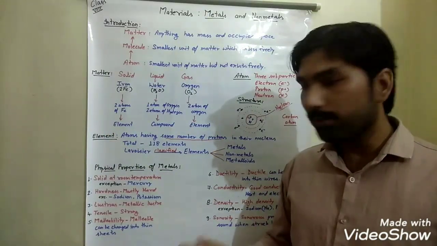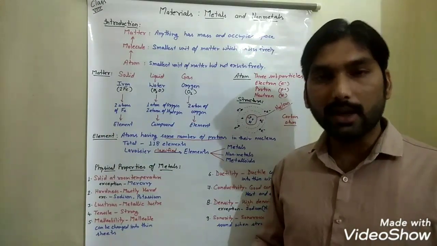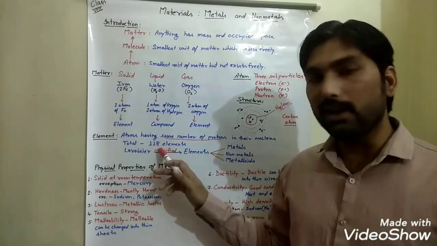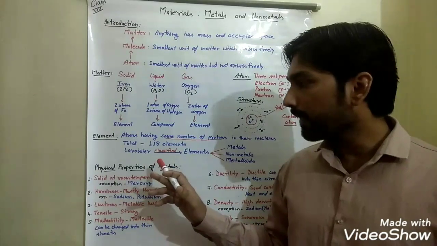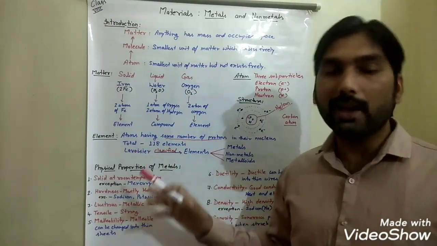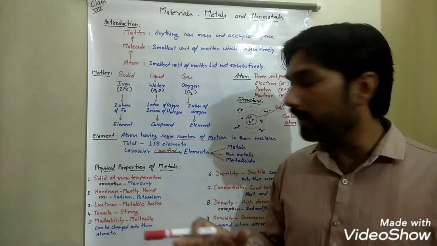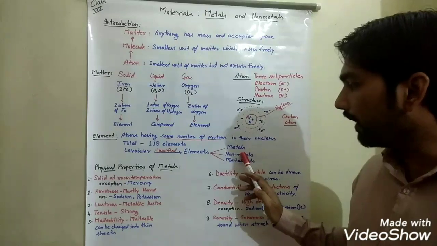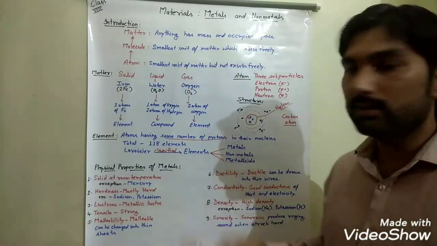Till today our scientists have discovered 118 different elements in our surroundings, and the scientist Lavoisier classified all the elements discovered till today into three categories: metals, non-metals and metalloids.